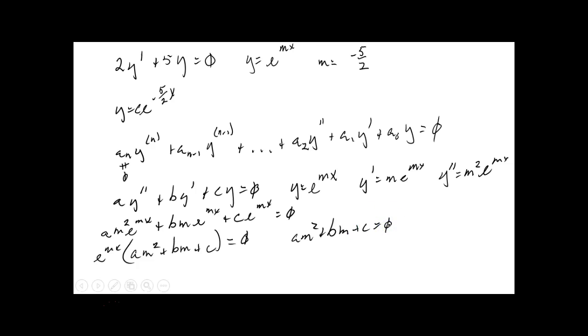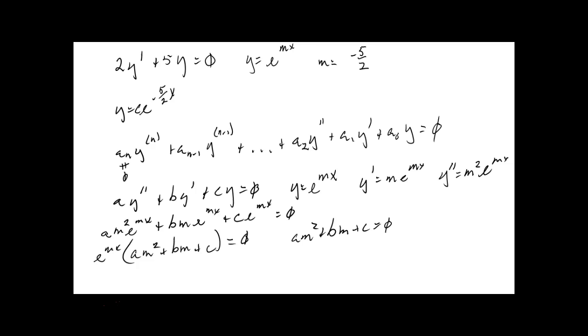It has to be that. That's a quadratic equation in m. And guess what we can do with it? We can either factor it if it's factorable, if not, use the quadratic formula. But we can come up with 2 values for m.